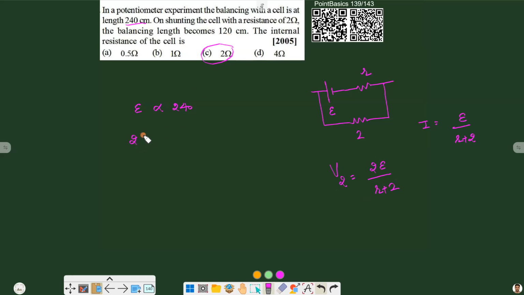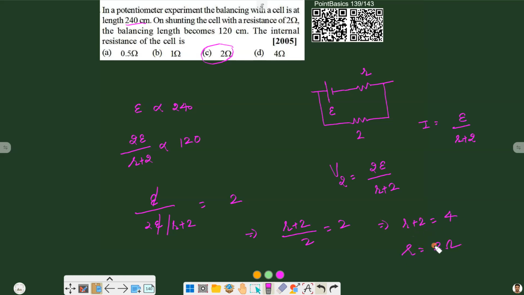Dividing both of these, E by 2E over R plus 2 is equal to 240 by 120, that is 2. E gets cancelled, so R plus 2 by 2 is equal to 2, and from this R plus 2 is equal to 4, and R is equal to 2 ohms, which we already explained.